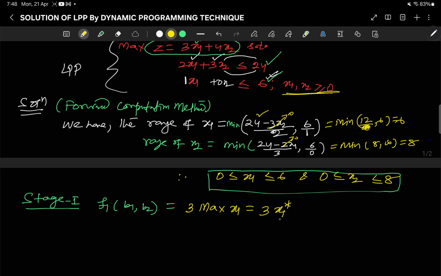How can this x1 star be computed? It can be computed based on these constraints.